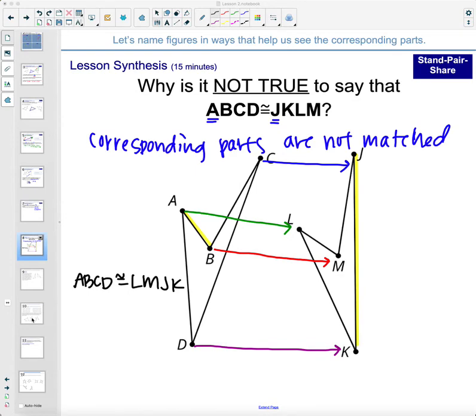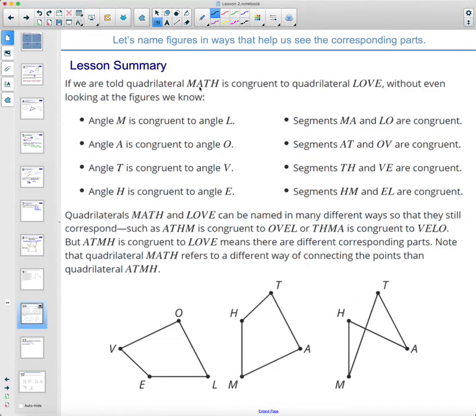So remember that when we are writing a statement, if this is a quadrilateral, it has 4 angles and it has 4 sides. So we're going to get those 4 angle congruencies. Let me just write this LOVE above here. So angle L and M, A and O, V and T, E and H. So those are going to match up along with the sides.